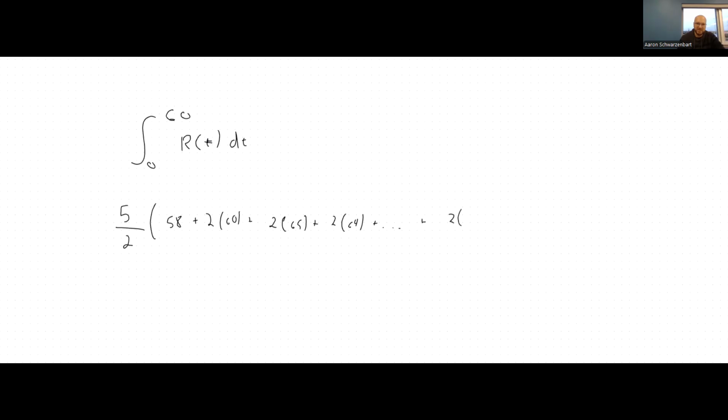The second last one is 63, and the last one I don't double. So I took all the data from my table. Trapezoid rule is width of the intervals over 2, each width is 5.